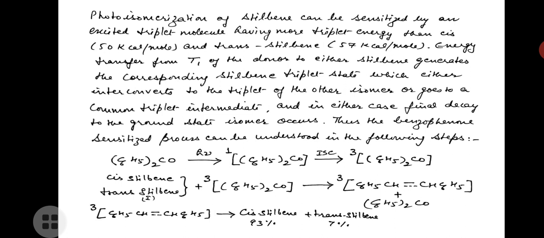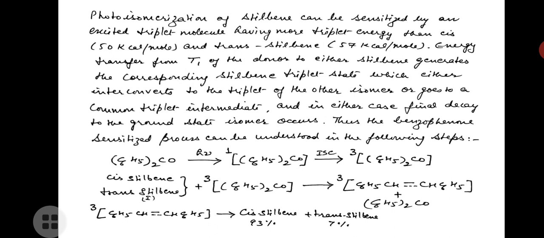Benzophenone is in ground state. On absorption of light, singlet excited state of benzophenone is formed. It undergoes intersystem crossing (ISC) to form triplet excited state of benzophenone.